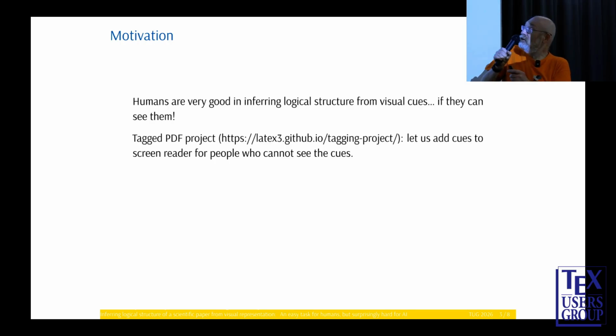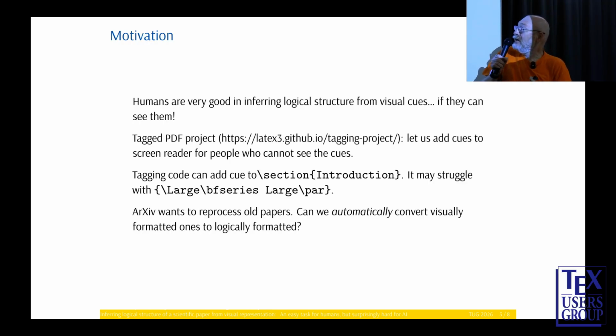But what happens if you see something like large bf series, or something like centering, or so on? What if you see visual formatting? It would be very difficult for the tagged PDF project to understand what's going on and add the corresponding logical cues.